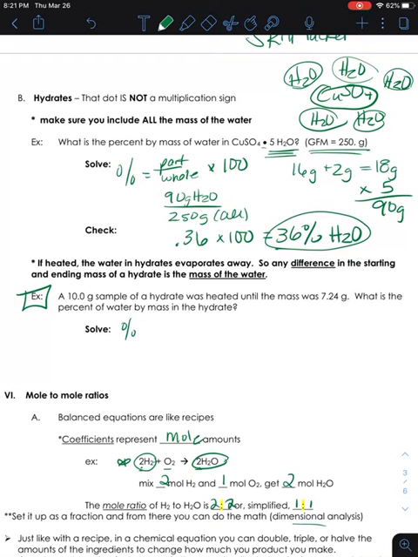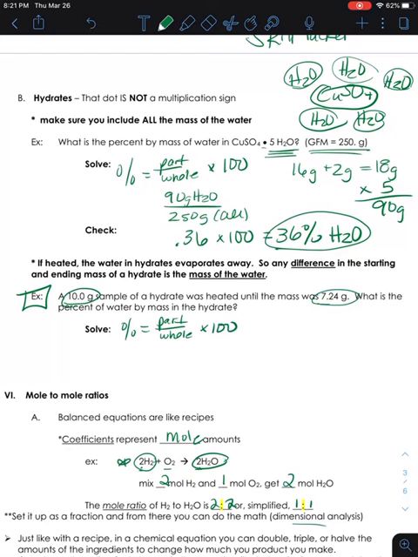You can look at it one of two ways. This is the bigger number, so that must be the whole, and this is the smaller number, so that must be the part. However, 10 grams is what you started with, and 7.24 grams is what you're left with.